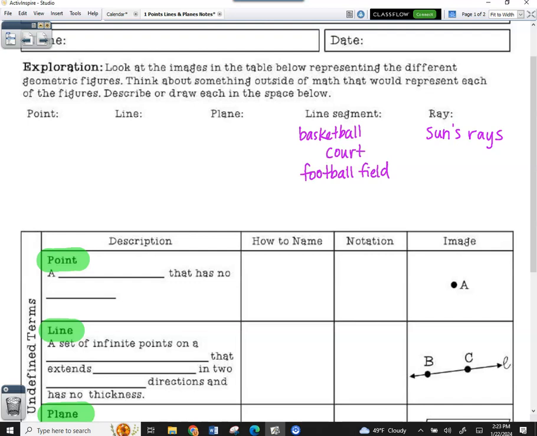Okay, what about this? The horizon. Line. I never expected you to say plane. The horizon is what? Describe it to me. If you look at it, it's a straight line. It's not like a big open area.